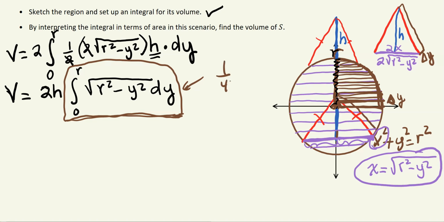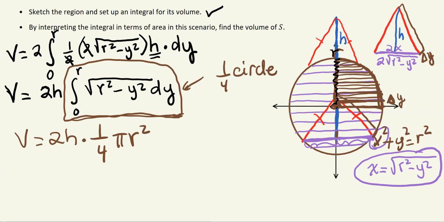Okay, and we know that the area of a circle is pi r squared, right? The radius is r, so that must be 1/4 of pi r squared. That's what that integral is, multiplied by 2h.